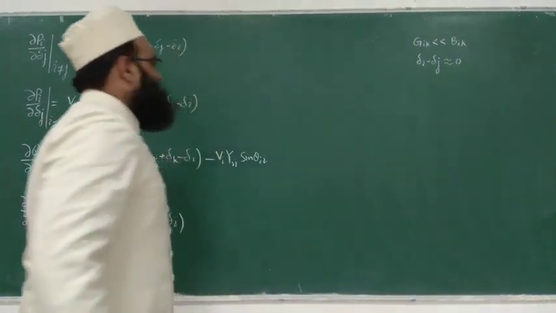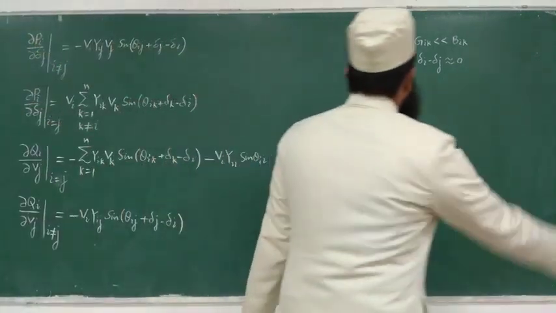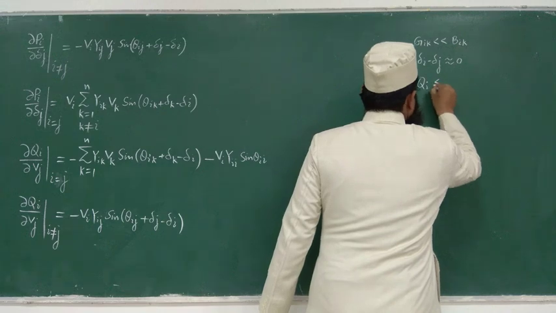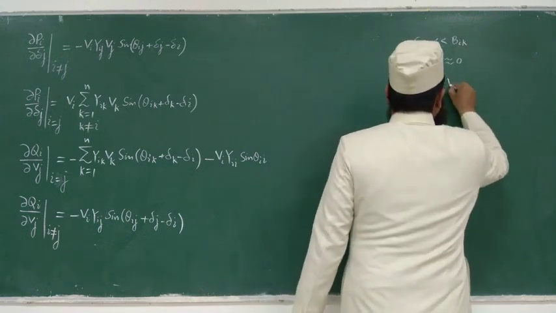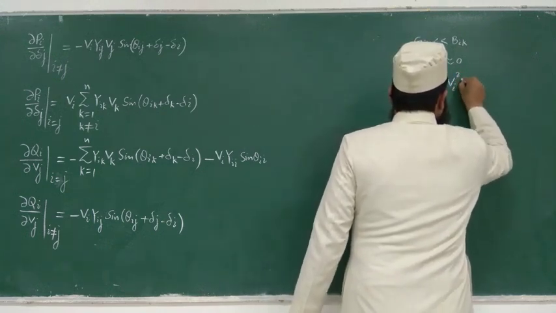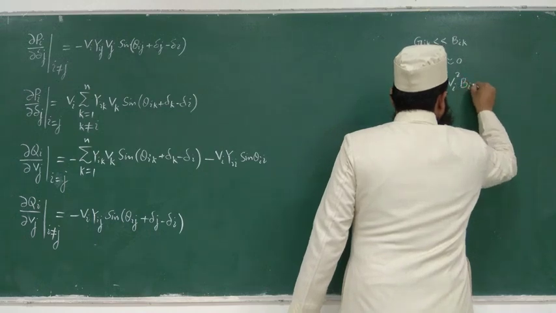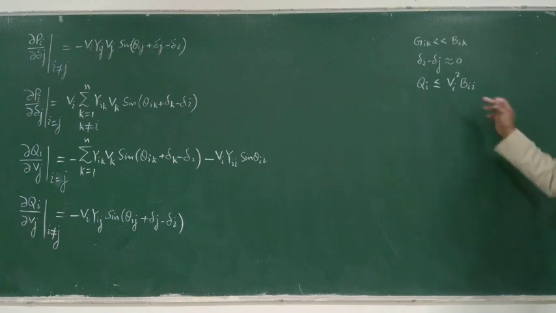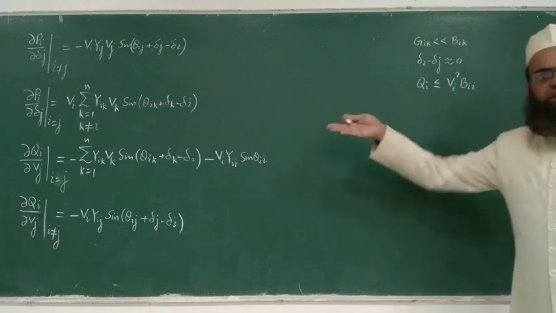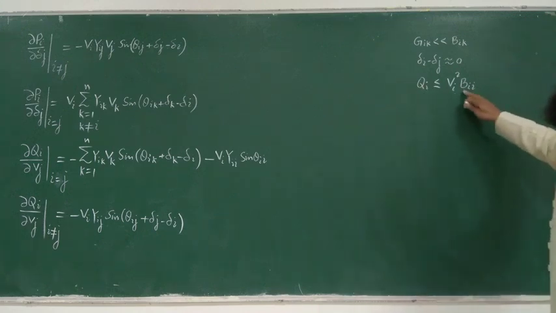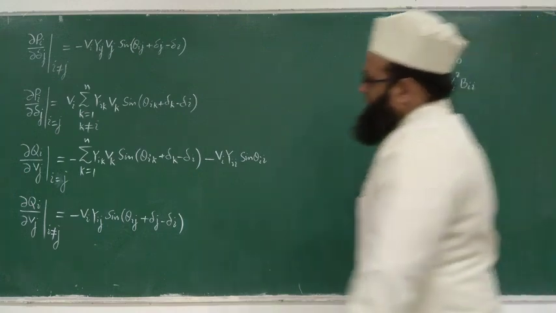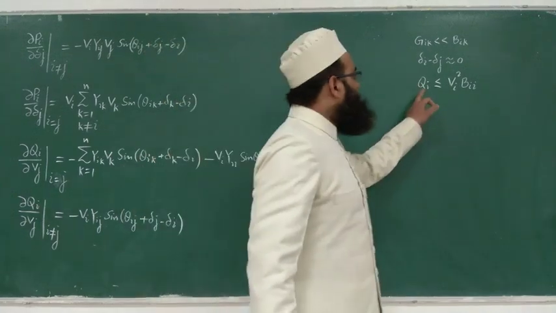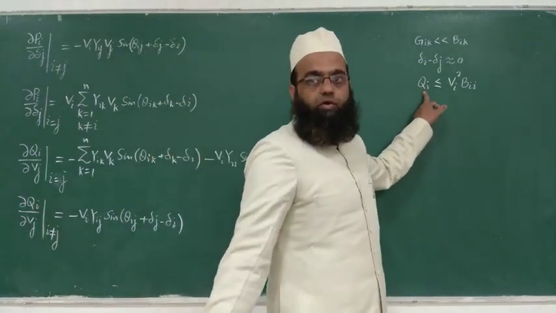So we will have a third assumption here in fast decoupled load flow, that Qi is very much less than Vi square Bii. You know what Qi is, you know what Vi is, the same notation, and Pi. So the decoupled load flow assumptions are further extended by one more assumption in fast decoupled load flow.